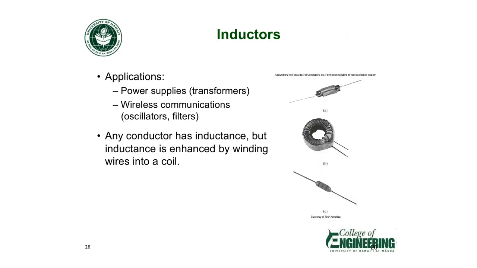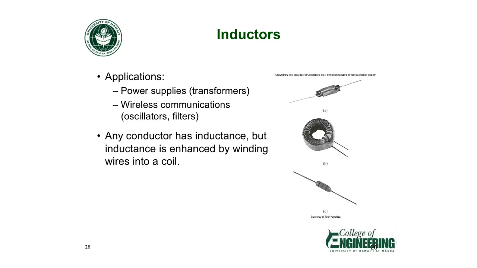If we have inductors, we are going to draw them specifically in the schematic. These are just some pictures of real inductors. So here's an example of a coil of wire around the core. This is a different shape of the core. It's a toroidal core. And then you can also have inductors that look like the resistors that you're using in the lab.